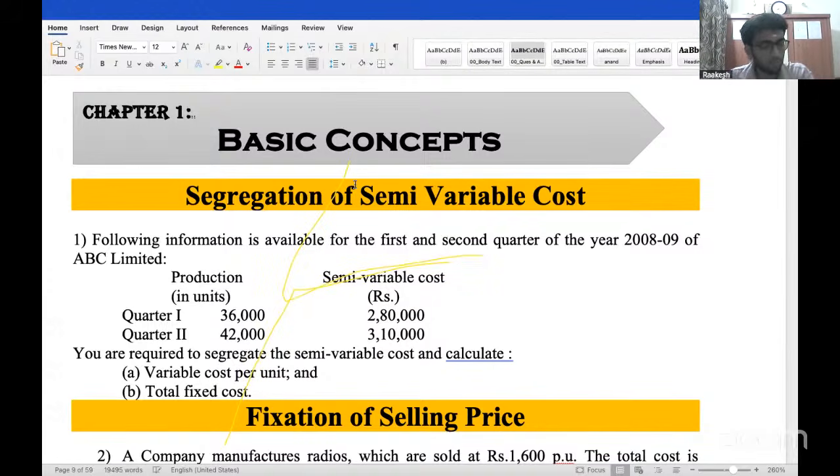Semi-variable cost: Quarter 1, 2,80,000; Quarter 2, 3,10,000. You are required to segregate the semi-variable cost and calculate A. Variable cost per unit and B. Total fixed cost. Go through the question quickly.